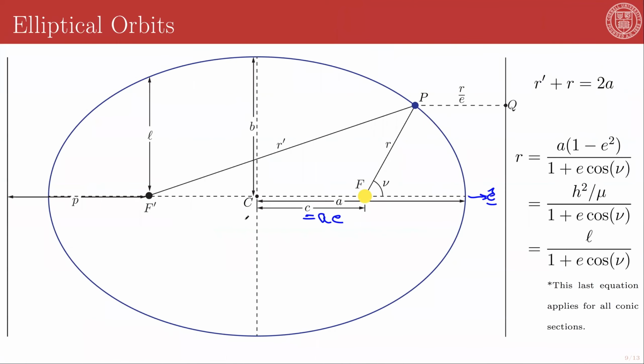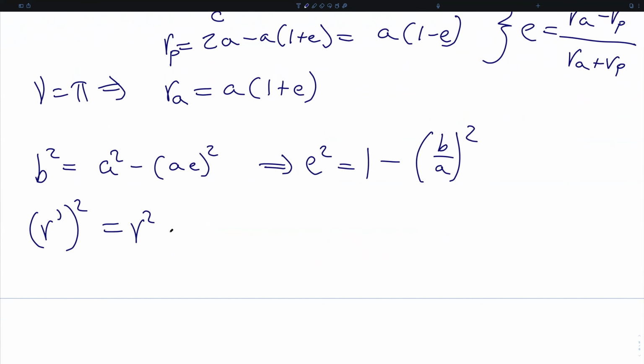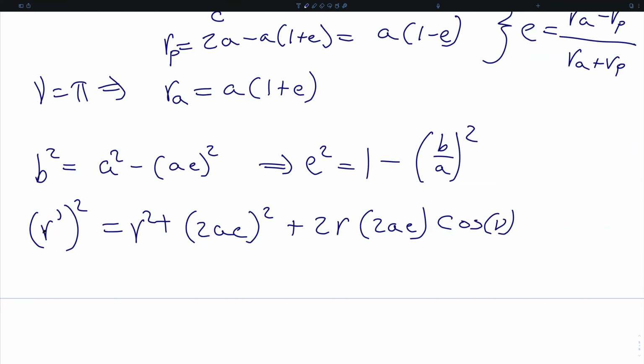Next, if you apply the law of cosines to the triangle defined by F prime P F, then we can write r prime squared is equal to r squared plus quantity 2ae squared plus 2r times 2ae times cosine of nu. And we've already established that this quantity is the same as 2a minus r, quantity squared.